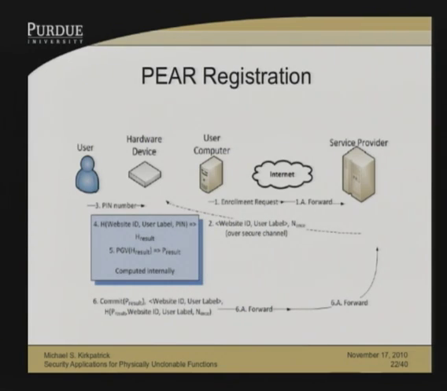So I said this is really similar to the work that we've already done, so I won't go into the details quite as much. But we start off again with an enrollment request, and then the user gets this website ID and user label from the service provider. So here you're going to have the ID of the website, and then you have your username.